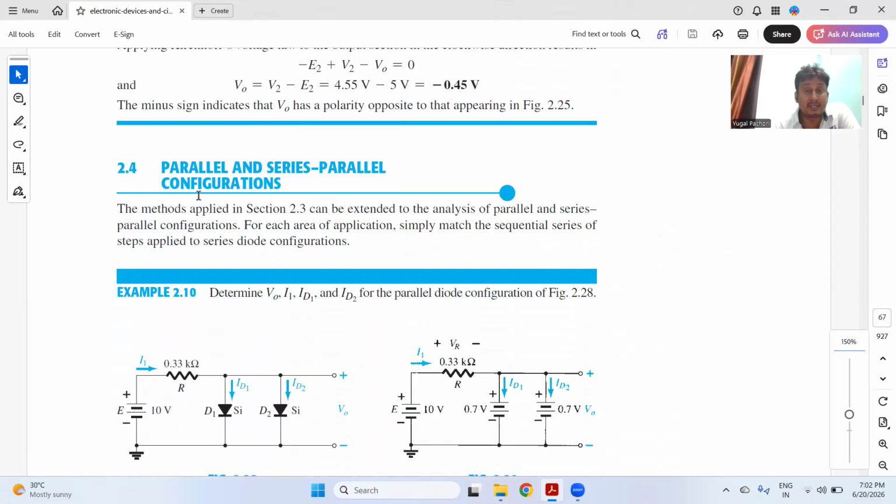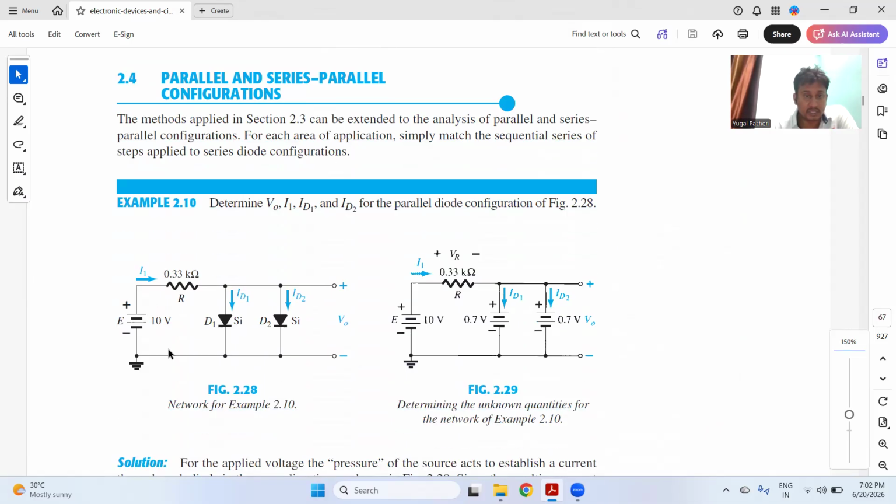Now, parallel and series configuration. I already told you series configuration, series parallel configuration, parallel and series configuration. According to that, you can see from this particular figure 2.28, there is a voltage, there is a resistance of 0.33 kilo ohm. Now there is a diode D1 and there is a diode D2. D1 and D2 both are connected in parallel.